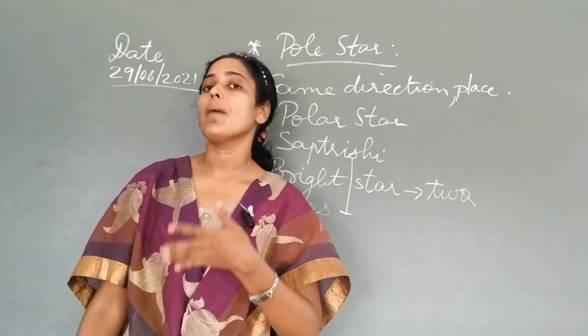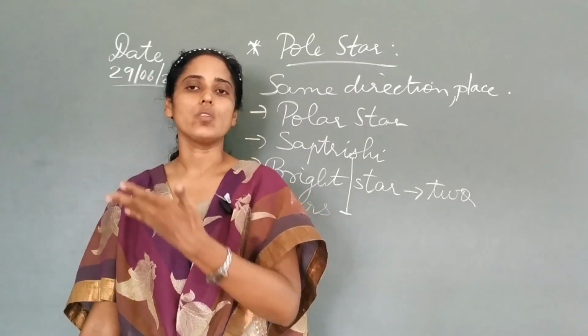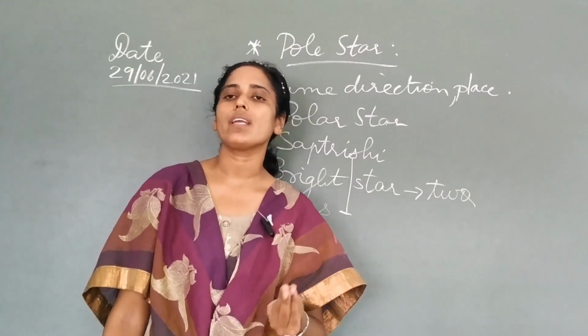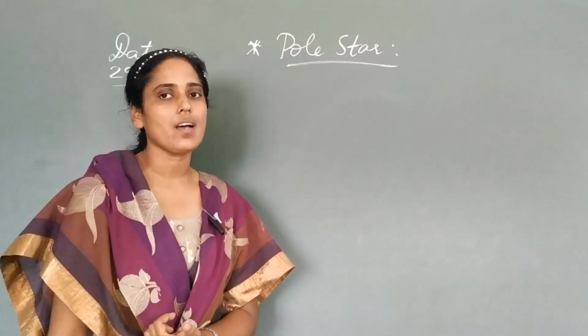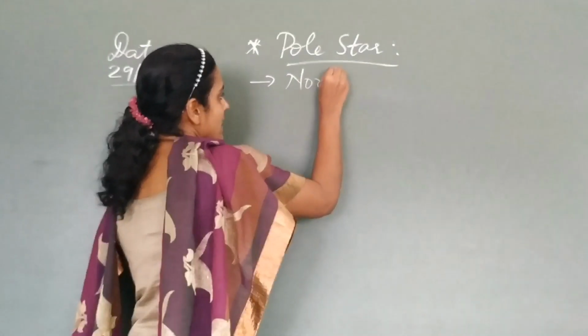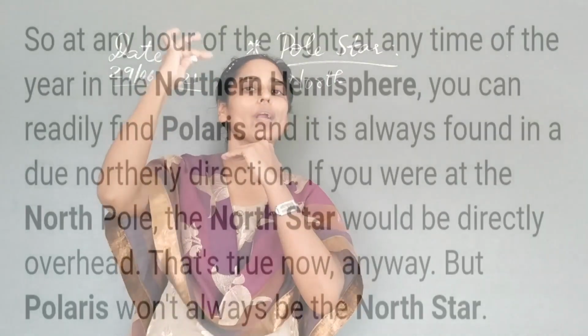And people who travel by sea, or those who travel to different continents of the world, can easily find the polar star. Now this polar star or pole star is mostly seen in the northern direction, due to which if you go to the northern hemisphere, it is directly overhead.